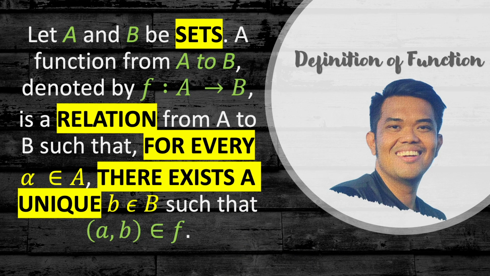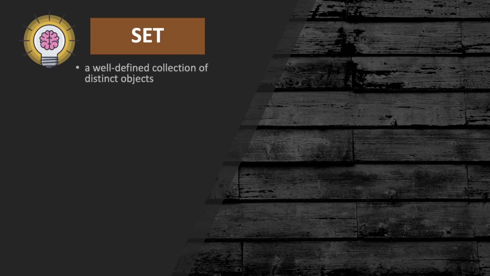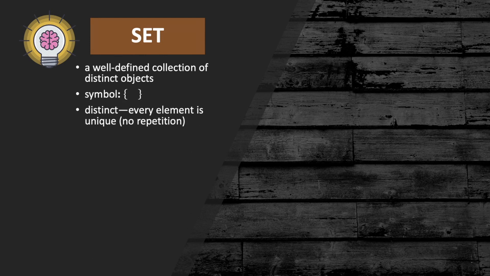So here are the terms we need to unlock so that it will be easy for us to understand a function. We know that a set is a well-defined collection of distinct objects. We use this symbol called set to refer to a collection of distinct objects. When we say distinct, we mean that every element is unique from one another.